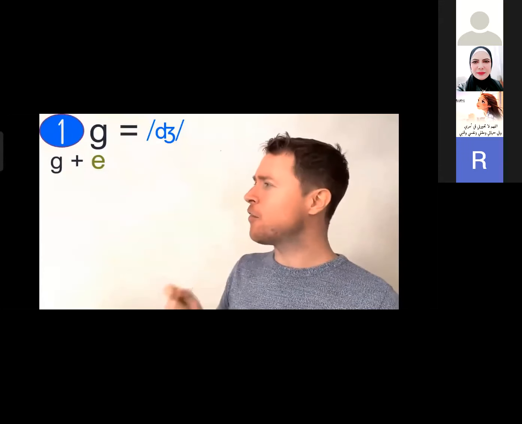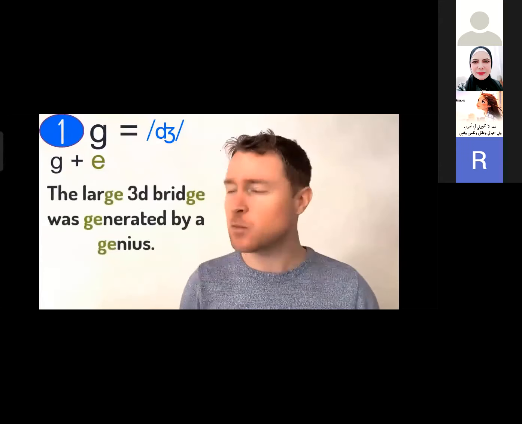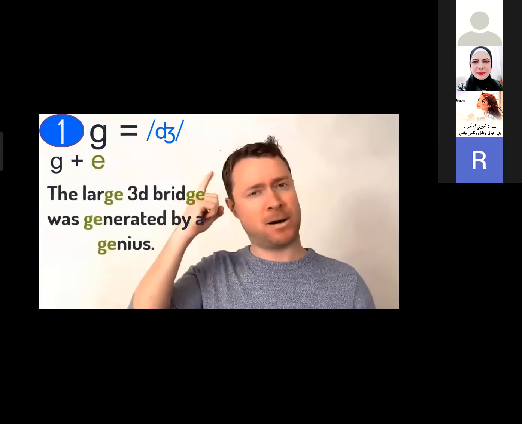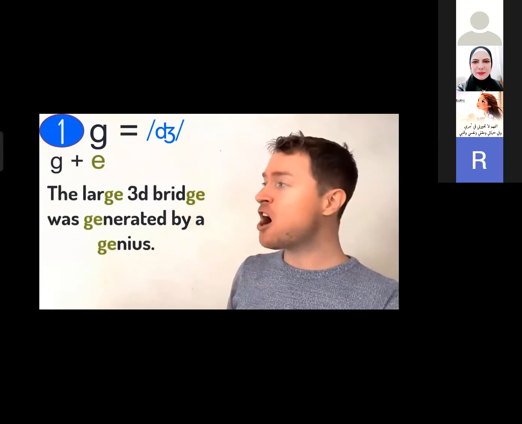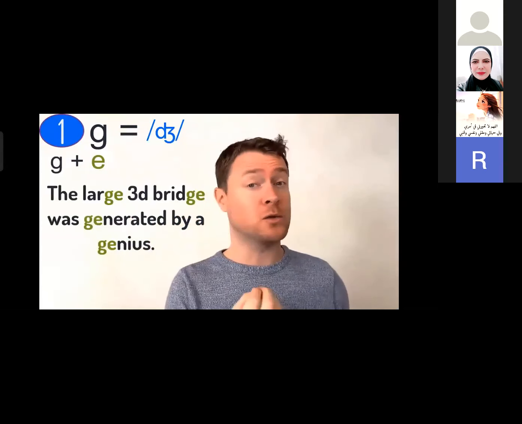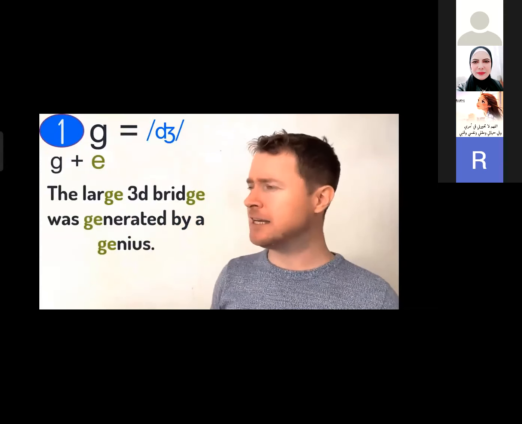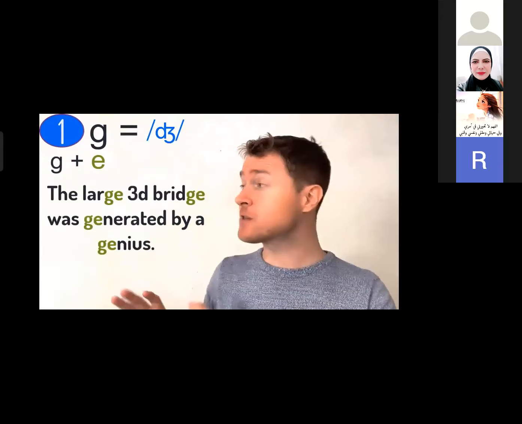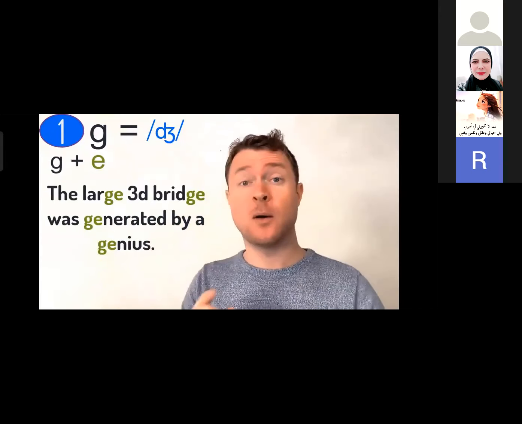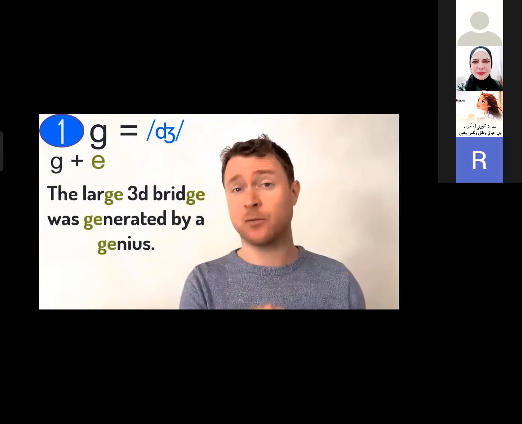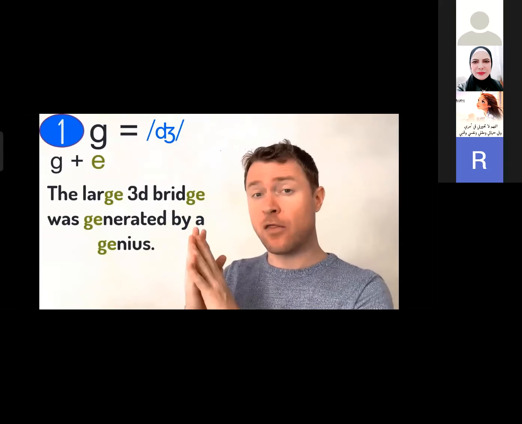Okay, and the last one is the large 3D bridge was generated by a genius. The large 3D bridge was generated by a genius. Now, don't worry, I know some of the vocabulary here is difficult, but it will really help you with your pronunciation. Try again.